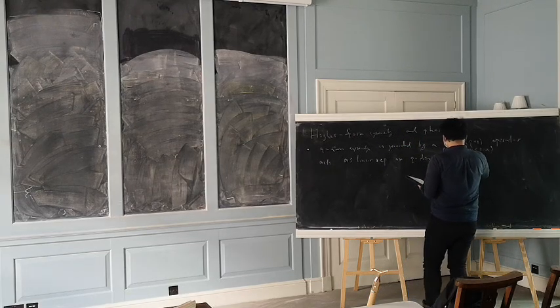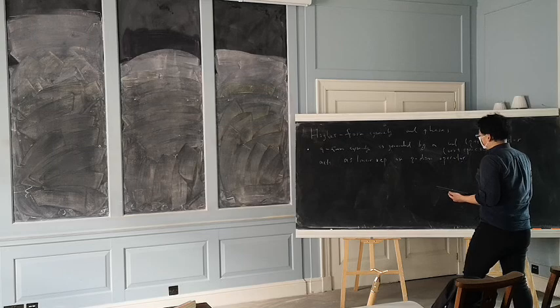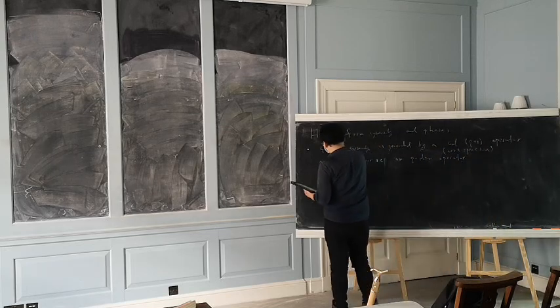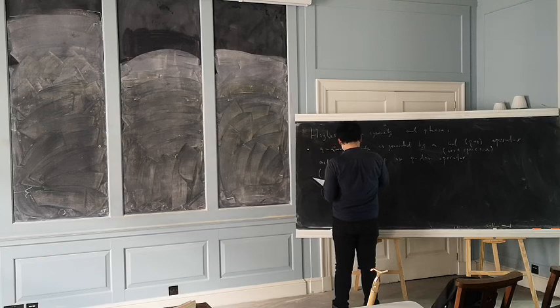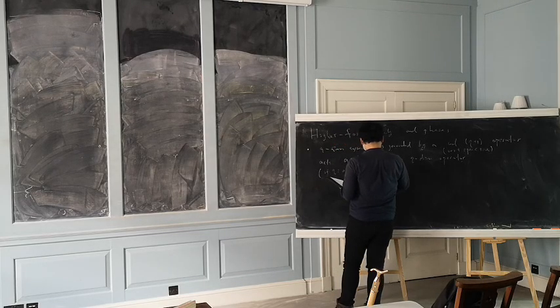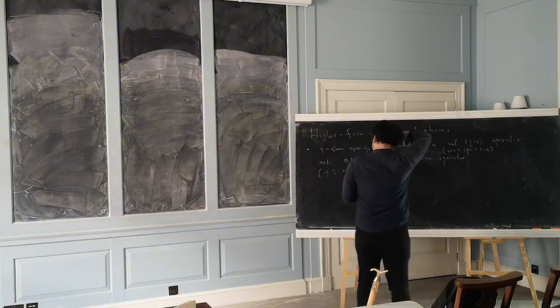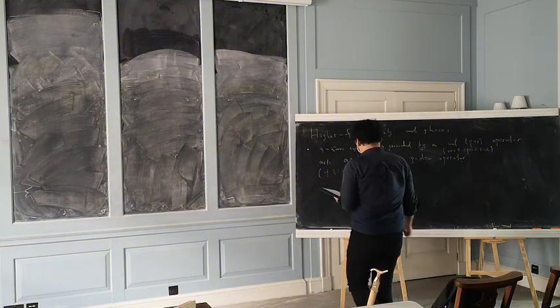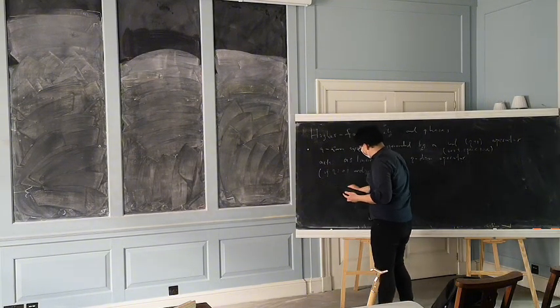Okay. So for example, if Q equals 0, then this is the ordinary symmetry. And the action can be represented pictorially as follows.